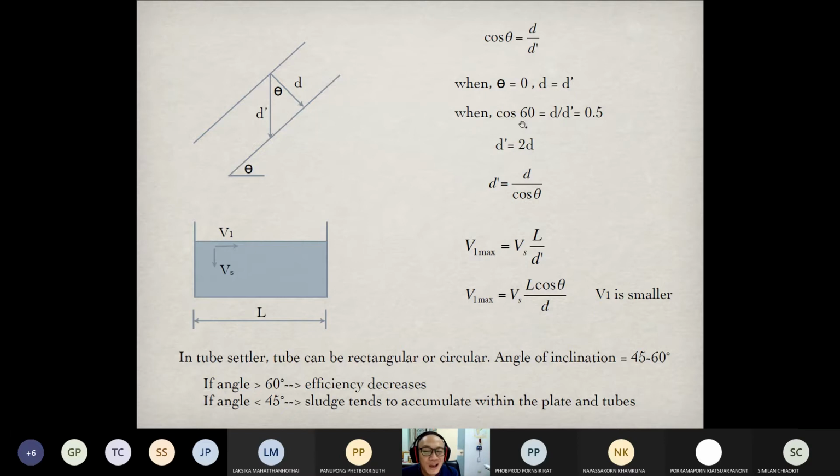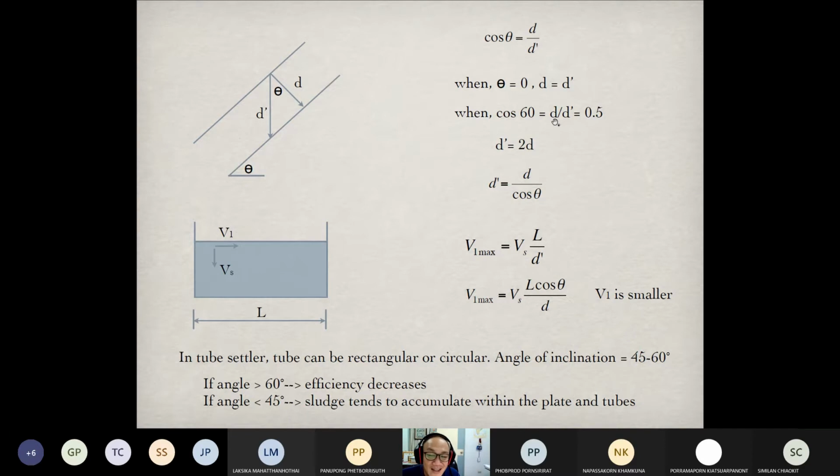for example, if theta is 60, the ratio between the space and the vertical distance is equal to 0.5. Cos 60 is 0.5.